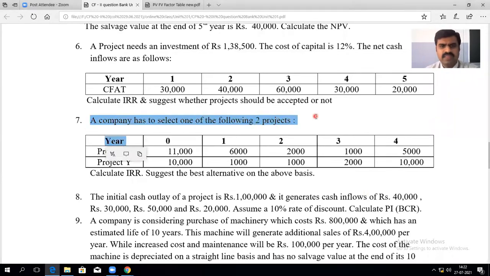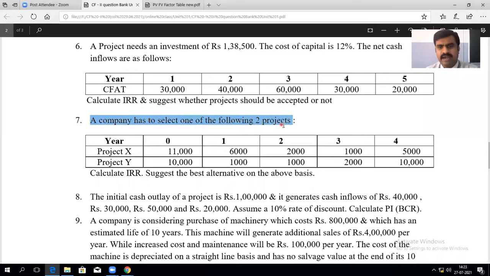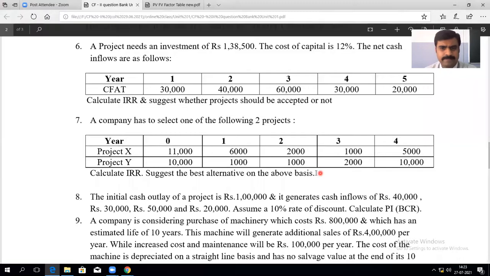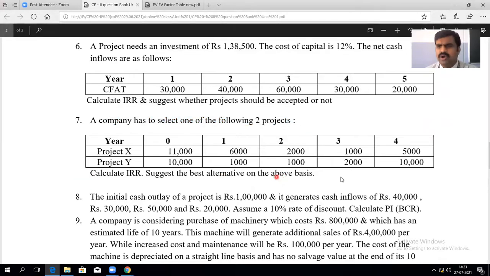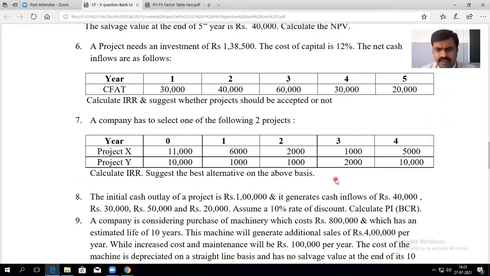This will be your homework for today. Calculate IRR for question number 7 for both project X and Y. It's only 4 years, so you can do it in 20 minutes.